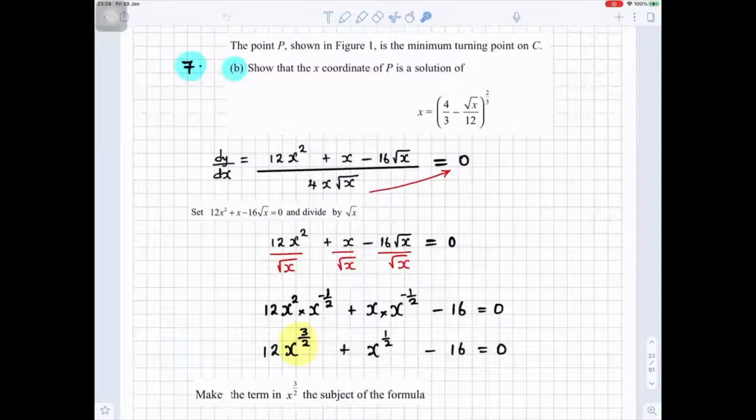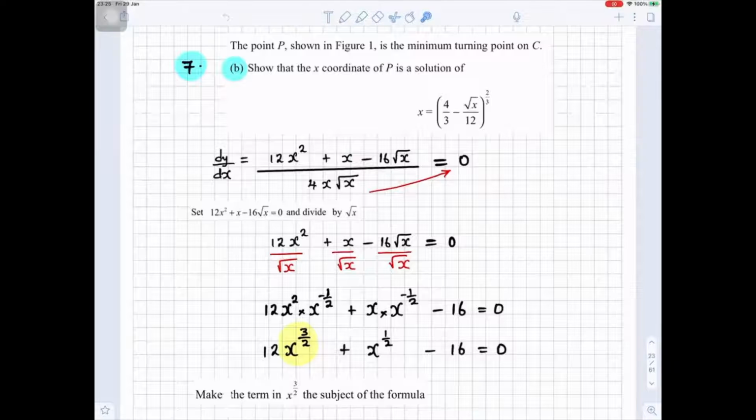So we have got that expression for dy over dx. So what we do is, if we take 4x root x cross multiply over there times 0, that would be 0. So we want to set the numerator equal to 0 and divide by square root of x. So we have 12x squared plus x minus 16 root x, which is that numerator.